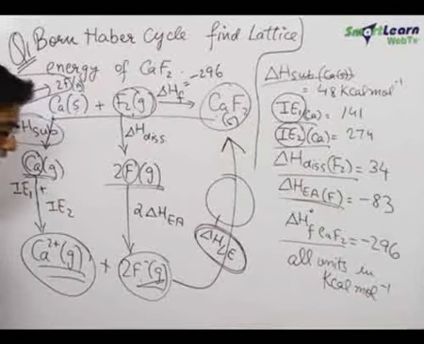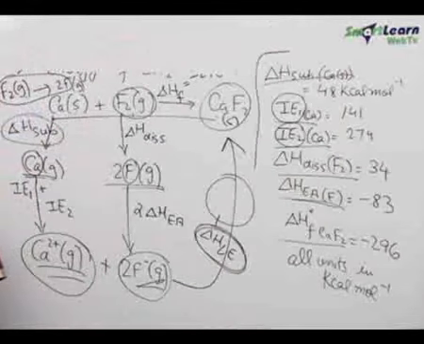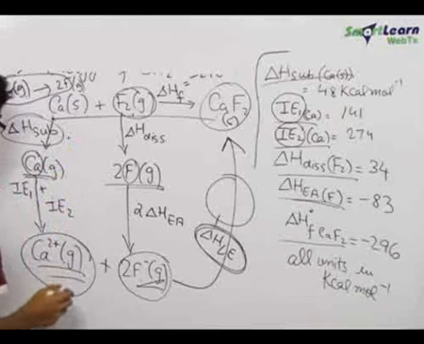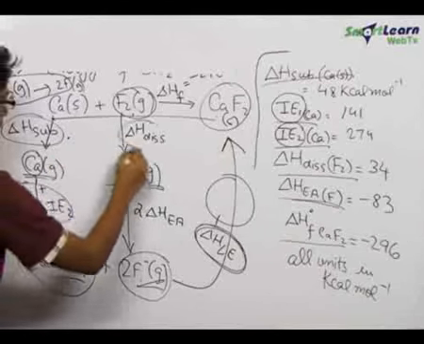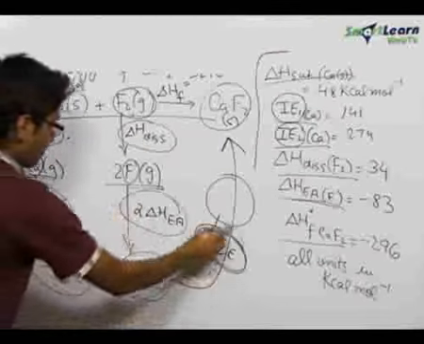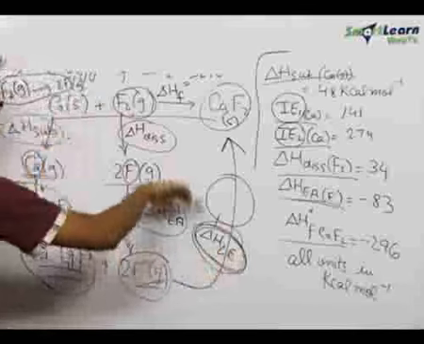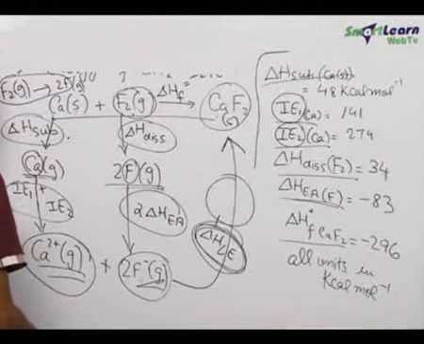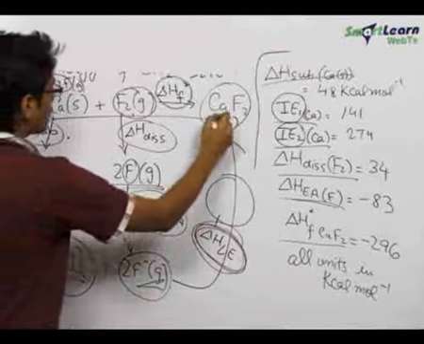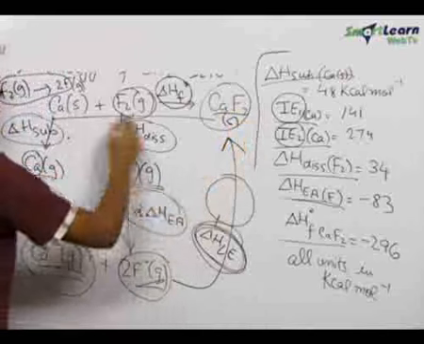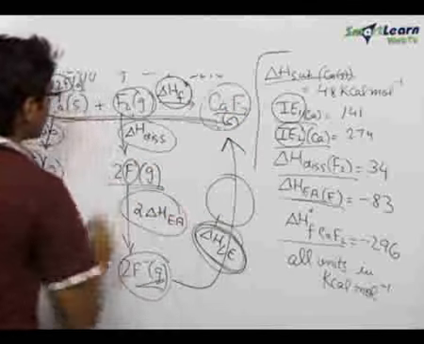So we will use all the data. What we do is we add this energy plus this heat plus this plus this plus this, and this entire energy or heat is equal to the enthalpy of formation of calcium fluoride, because this is the net reaction which is going on.